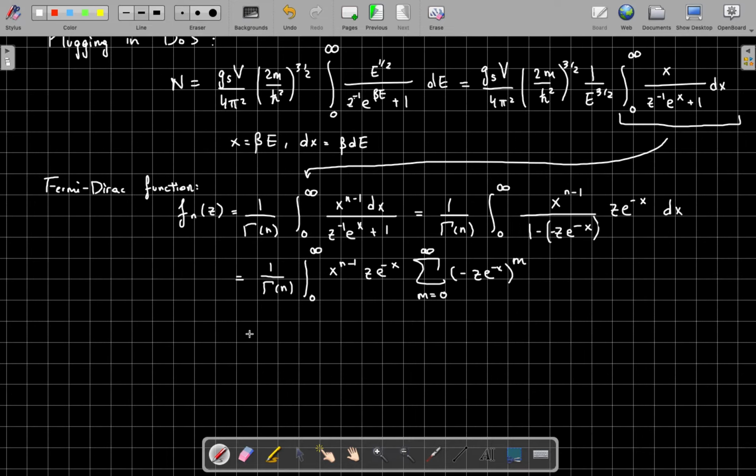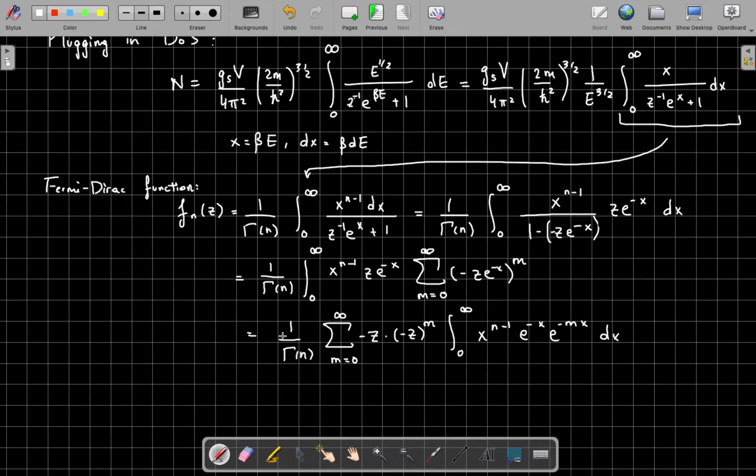Now I bring out this sum, I bring in the integral, so 1 over gamma n, sum from m equals 0 to infinity of z times minus z to the power of m times integral from 0 to infinity of x to the n minus 1 e to the minus x e to the minus mx dx.